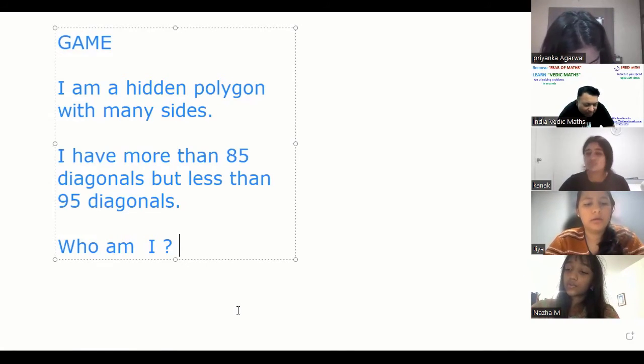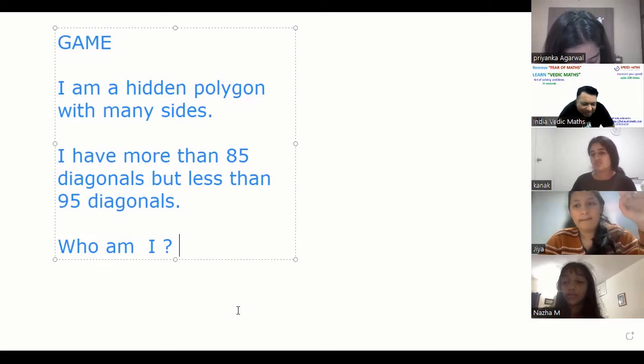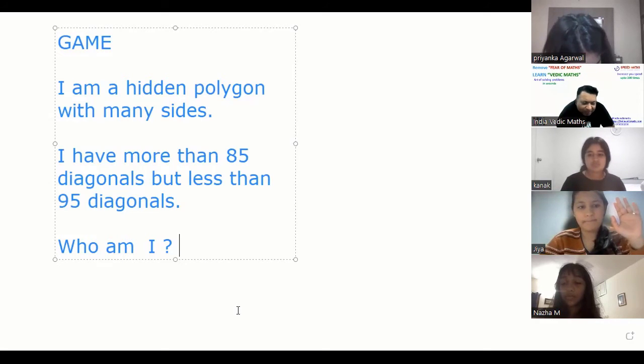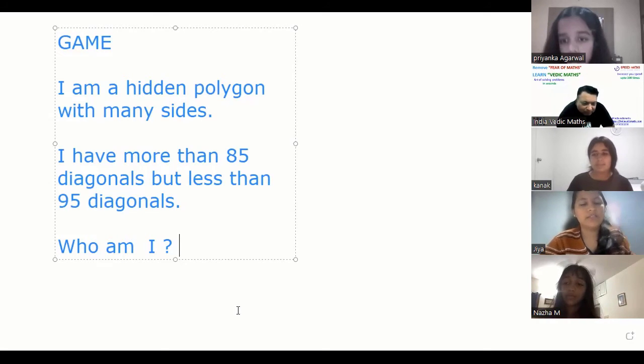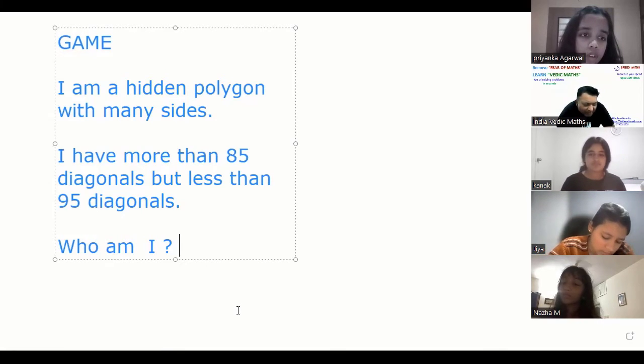Vedant and Kanak, tell me the secret. How can you do it? Yes, Priya, ask me. I think a shape with 15 sides can have... You should write it and tell me. Okay, Mishita said this.